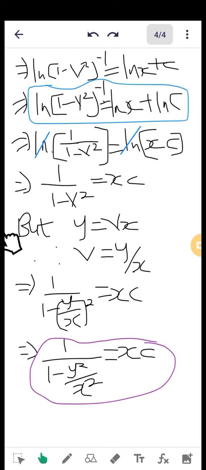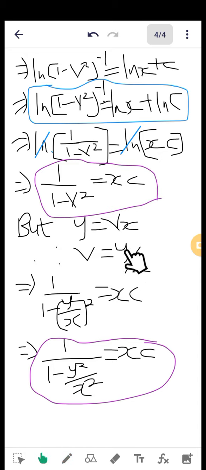But then previously we made a substitution that y is equal to vx, hence making v the subject, we are getting y over x. So making the substitution, wherever we see v from this solution, we have to substitute y over x and that gives us this.